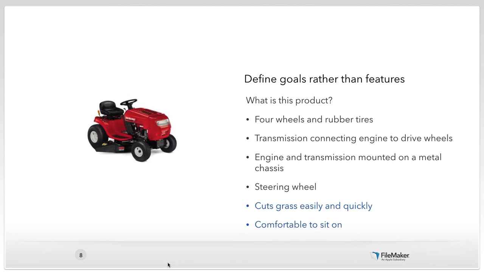But it's not until you actually think about what its goal is, what its purpose is, and in this case, when you start looking that way, it's cutting grass and it's comfortable to sit on over bumpy ground, and suddenly potentially you're looking at a lawnmower or a sit-on lawnmower. So it's really worth looking at what the goals of a system are, not its features. It's not about the buttons and the cool graph that animates and so on and so forth. It's really about its goals.